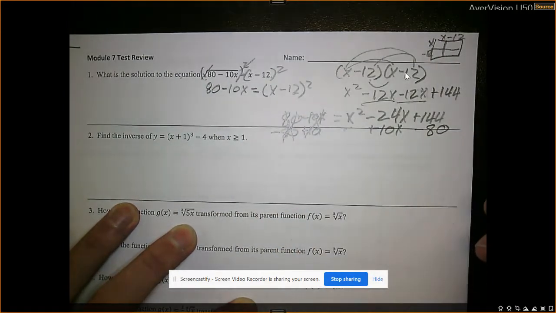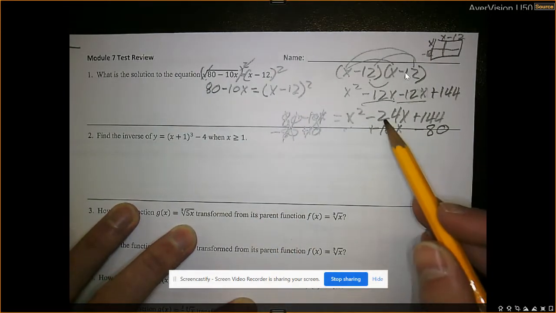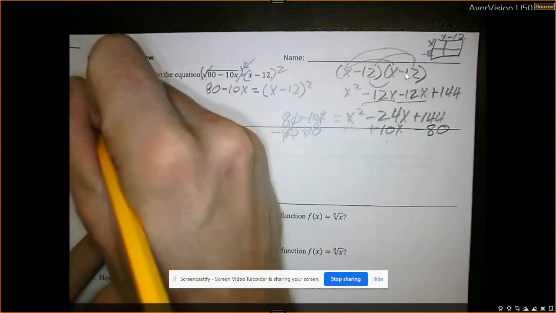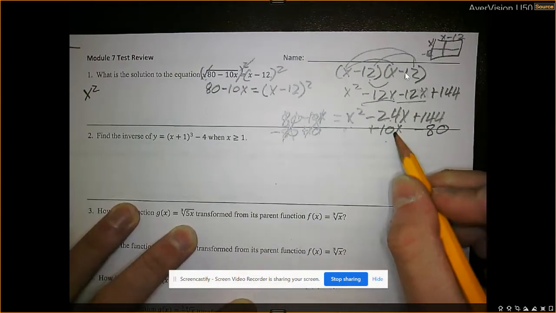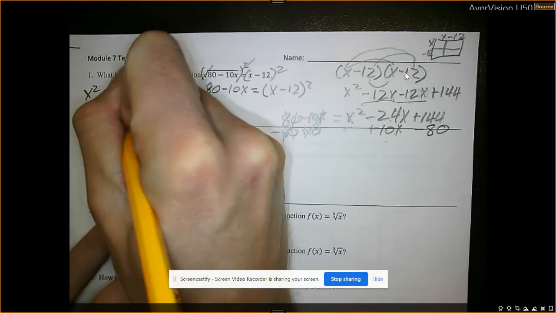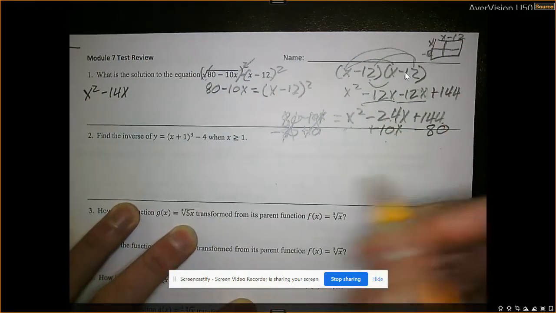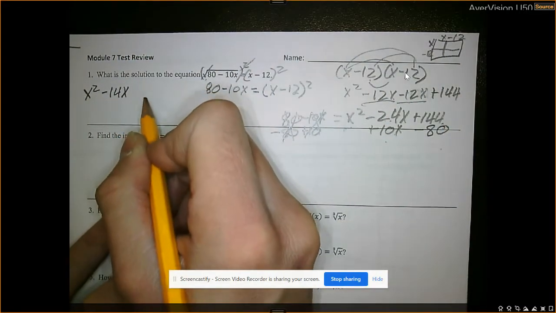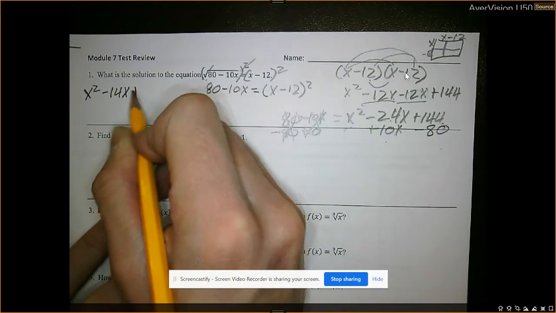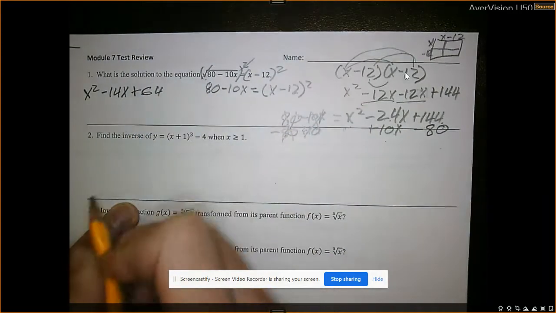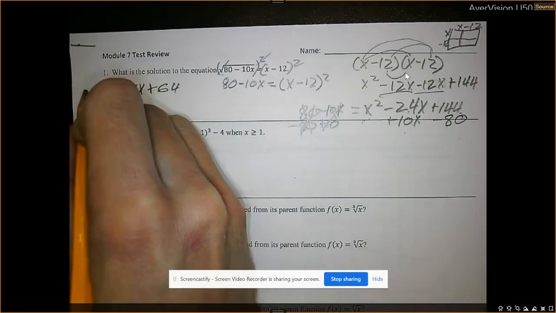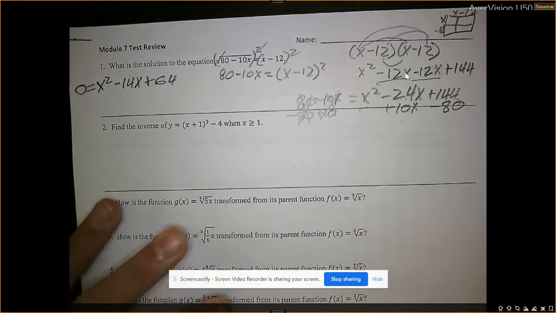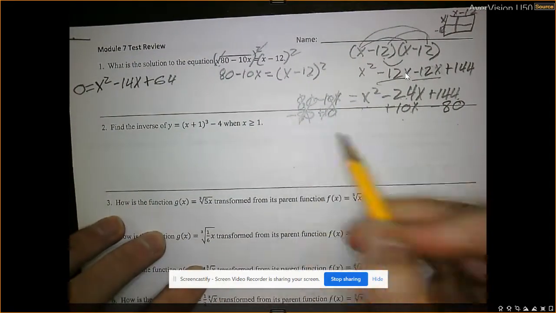Nothing is happening with the x squared. Negative 24x plus 10x is negative 14x. 144 minus 80 is 64. Now that is set equal to 0 like we wanted, because everything on this side canceled.